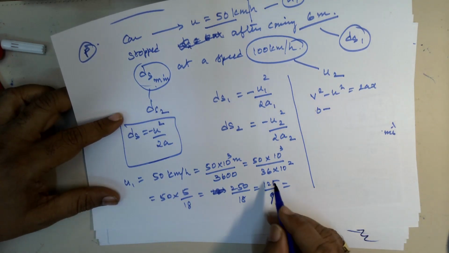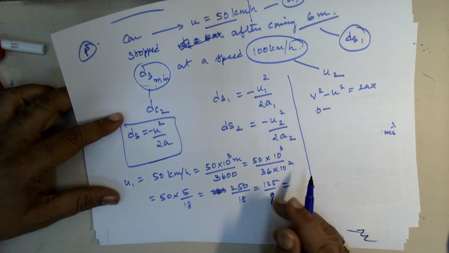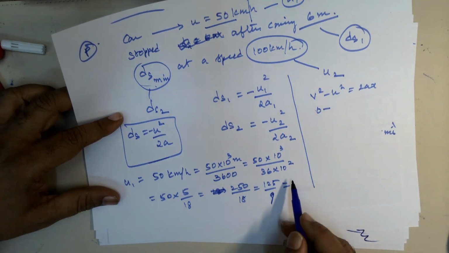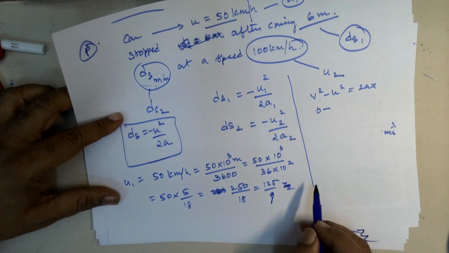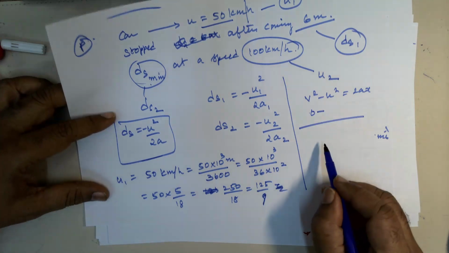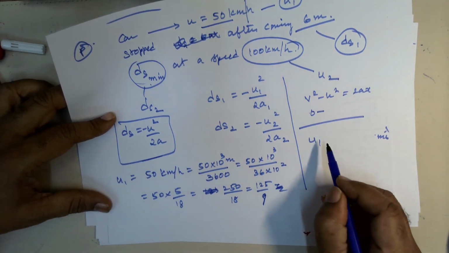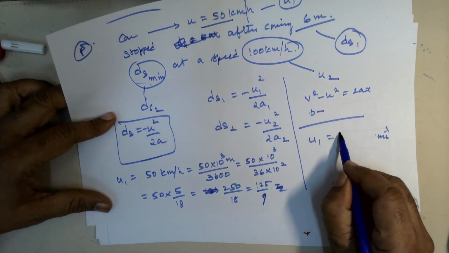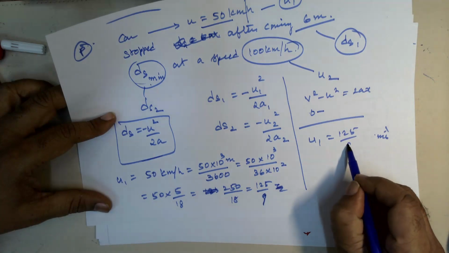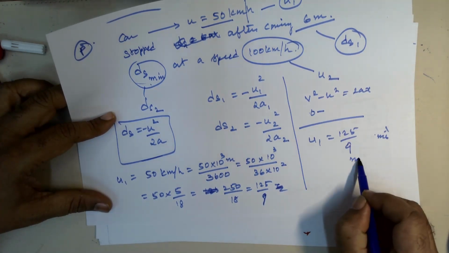Or you can keep it as such. Let us not worry about the decimal. Let us keep it as such, because we can easily strike this. So 125 divided by 9 meter per second.